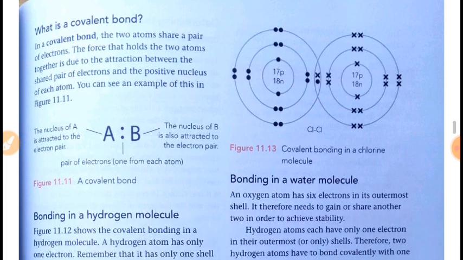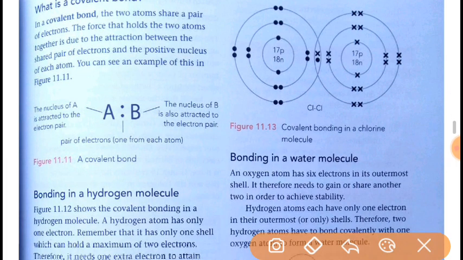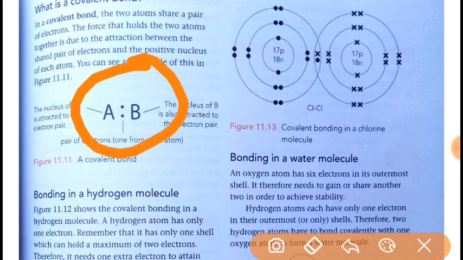Okay, so how do these atoms become bonded? I want you to take a look at this diagram which I have circled here. You can see that A is giving one electron to the bond, whilst B is also giving one electron to the bond.